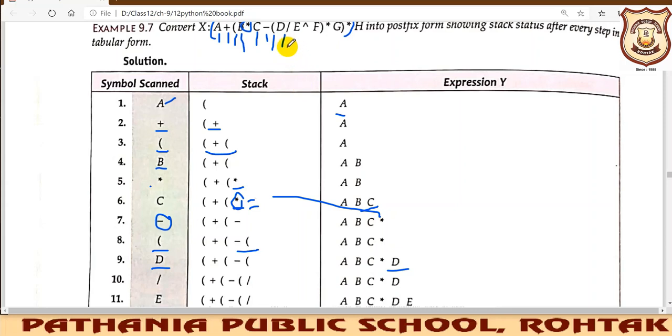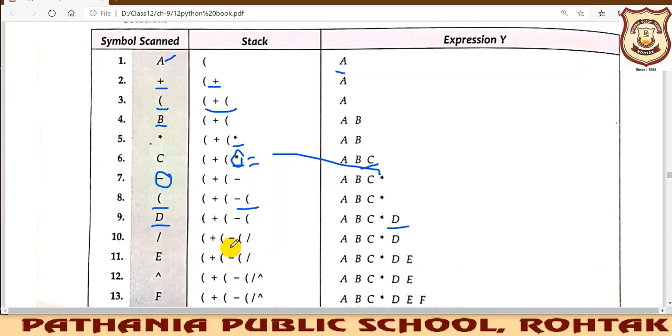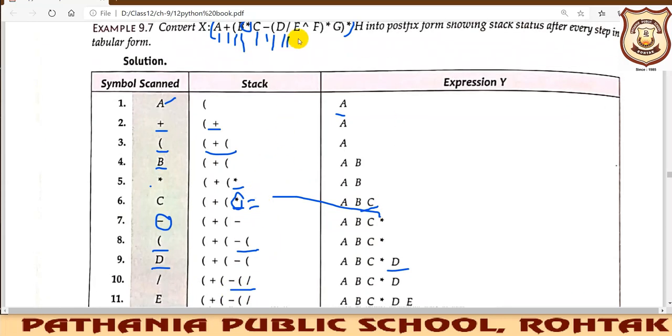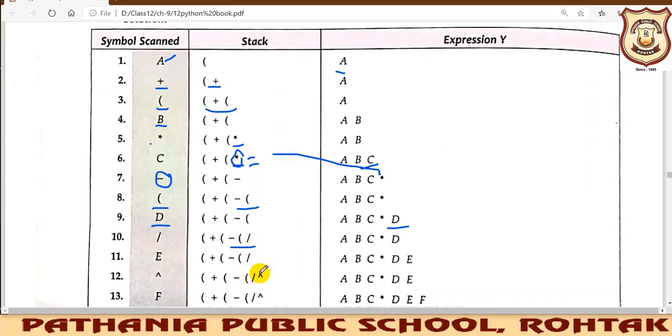Next is the division operator. Now you are putting division, that is okay, fine. Next is E. E is again an operand, so it will be written directly into the expression. Next is your exponential. Now if the exponential had been at the place of division, then division is of lesser precedence than the exponential symbol.